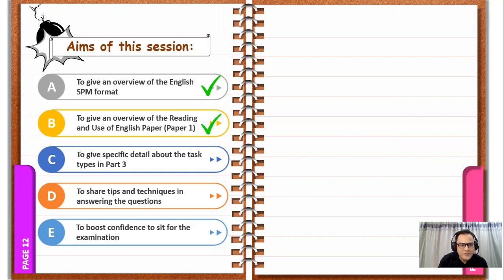I hope I also managed to describe the specific details about the task type in part 3 well. Hopefully you will be able to benefit from the tips and techniques shared. And finally, hopefully you are more confident to sit for the examination.